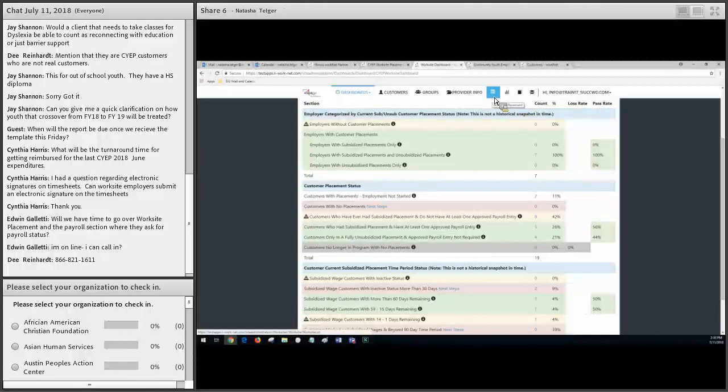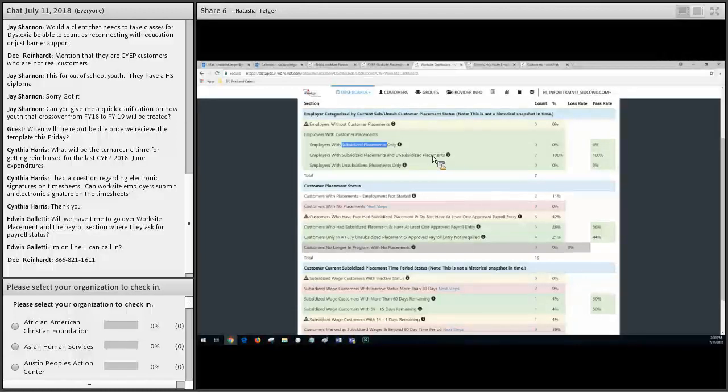So you're right. What we would do is you would go in and first of all enter your employers. At that point in time, you're not entering whether it's subsidized or unsubsidized. You're just entering your employers. You're entering your work site information about their wages and stuff like that for that particular placement.